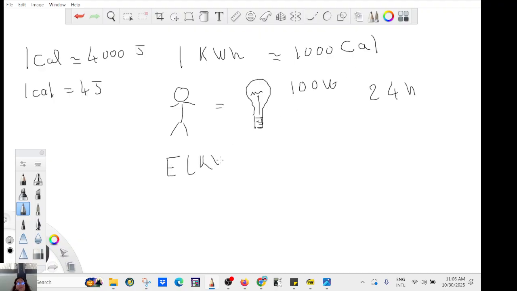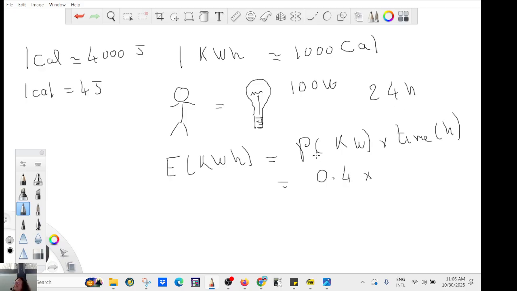The kilowatt hour, the energy that we are consuming, will be our power times time in hours. Sorry, I'm ahead of myself. This is kilo, so 100 watts in kilowatts is 0.1.